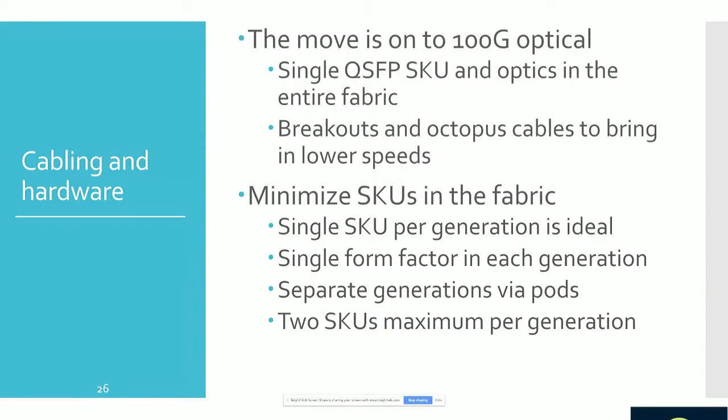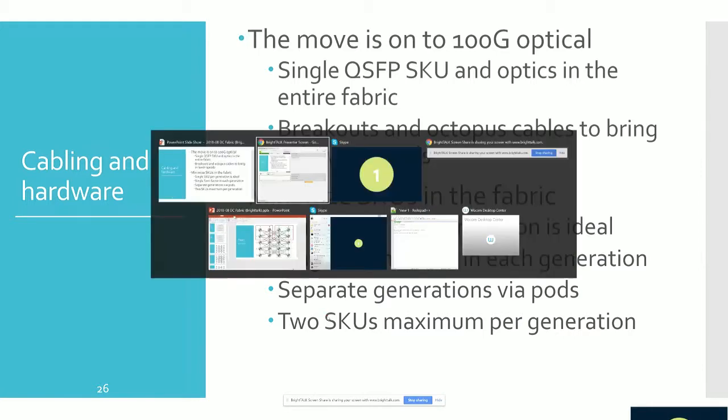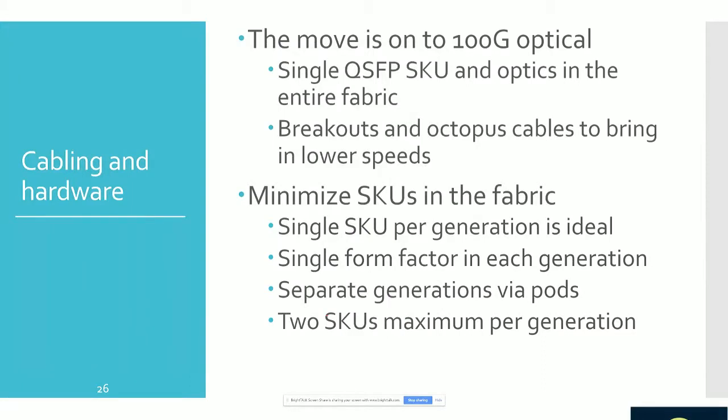Another thing that's going on is the cabling and hardware side. The move is on to 100 gig optical. So most large-scale data centers now are operating with a single QSFP or a single optical interface and optics in the entire fabric. So what they're doing is they're actually running a 1RU box or, on one of these card cages, a single slide-in chassis type thing.